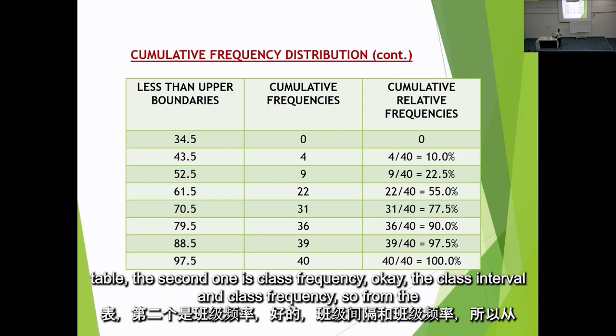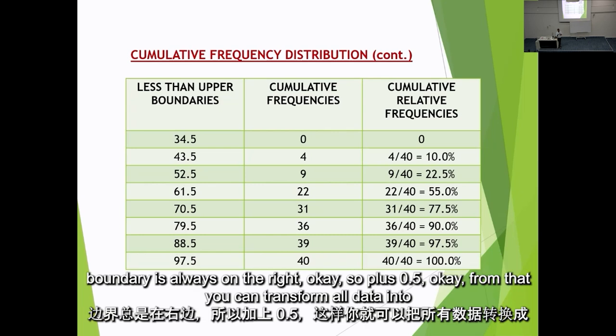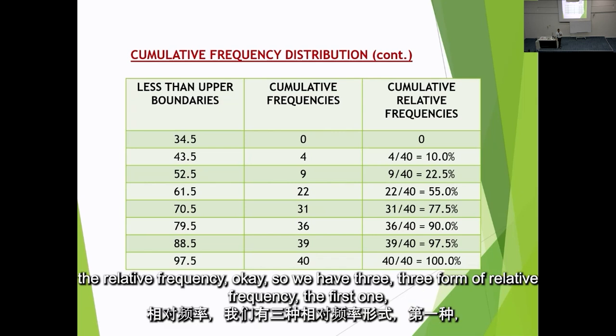From the class interval, we can derive the class boundary. The lower class boundary is always on the left, so minus 0.5, and the upper class boundary is always on the right, so plus 0.5.